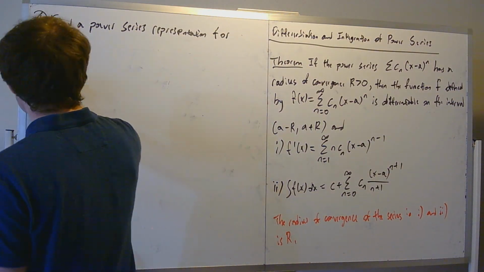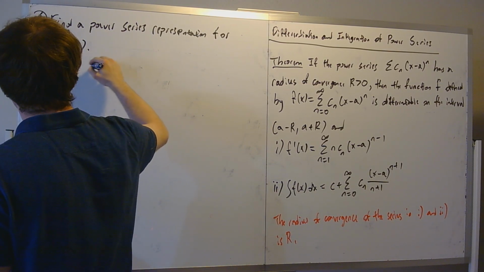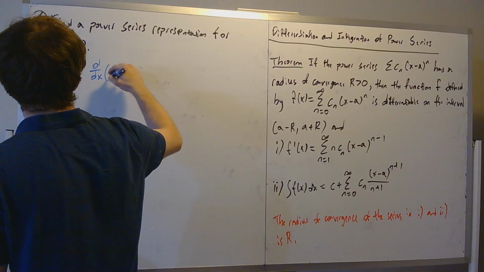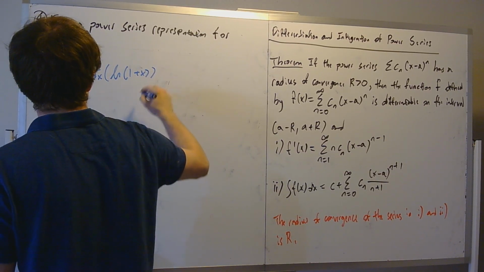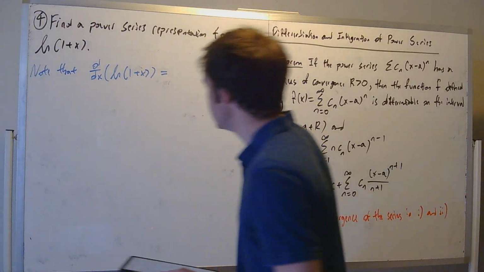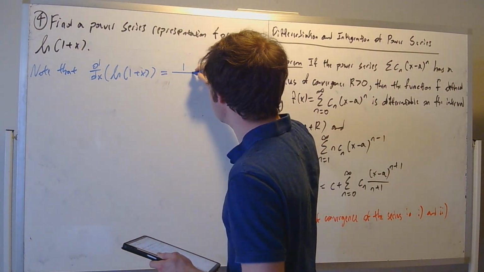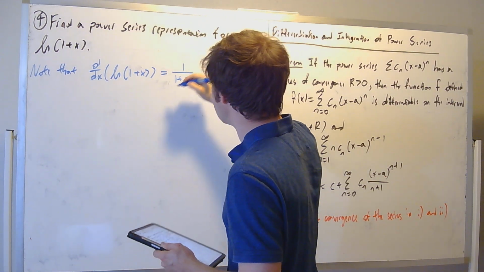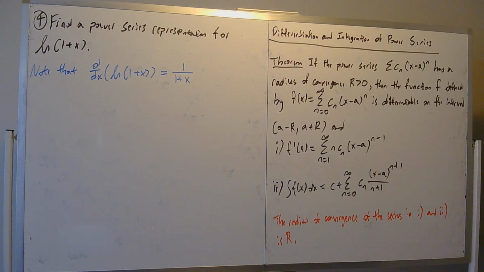So note that the derivative of the natural log of 1 plus x is going to be equal to, if we take our derivative, again we have to use chain rule, 1 over the inside function times the derivative of the inside function, but the derivative of 1 plus x is just 1.